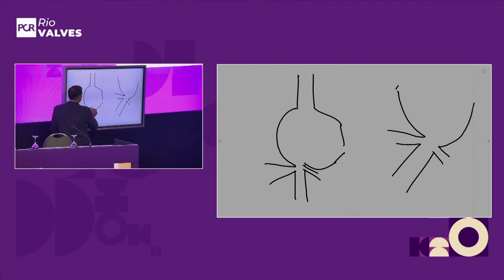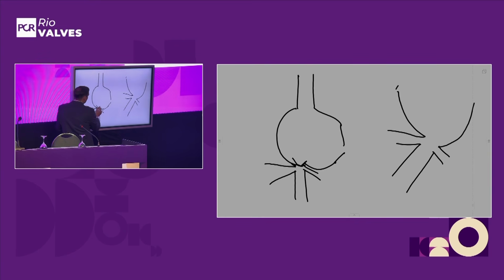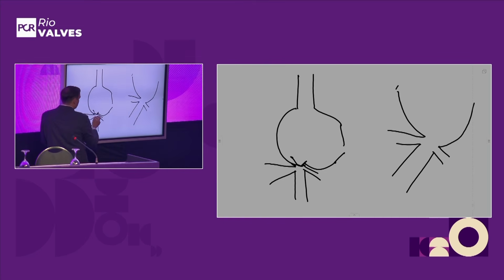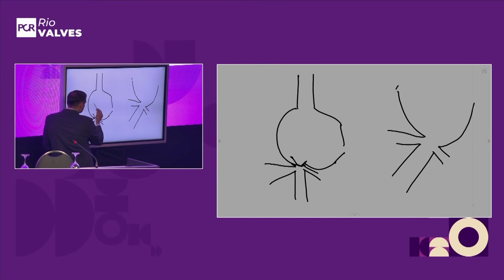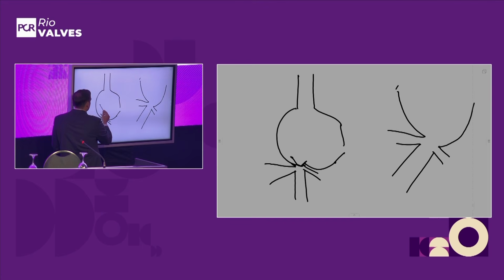So you need some flaring, you need the valve to be like this to see on echo. And then what we try to take a look at is the distance that we have from the floor of the right atrium to the top of the device.